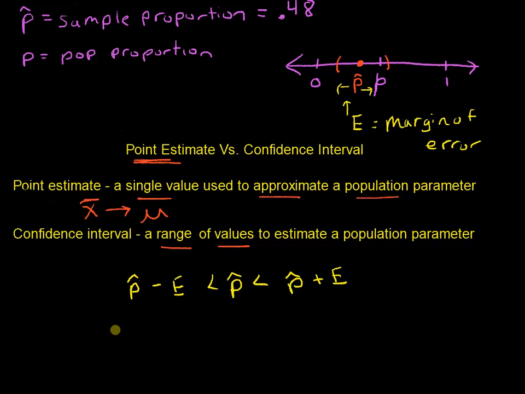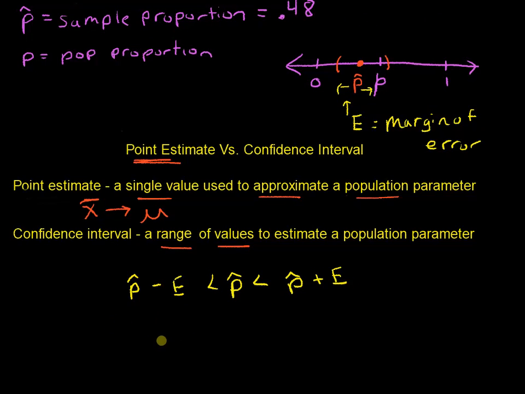Okay, and how confident we are is called our confidence level. So our confidence level has to do with how confident we are that this interval contains the true population parameter. For example, we could set up a confidence level of 95%.